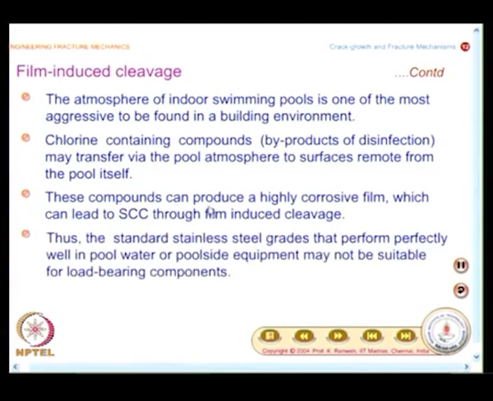These compounds can produce a highly corrosive film which can lead to SCC through film induced cleavage. As I mentioned earlier, the standard stainless steel grades that perform perfectly well in pool water or poolside equipment may not be suitable for load bearing components.